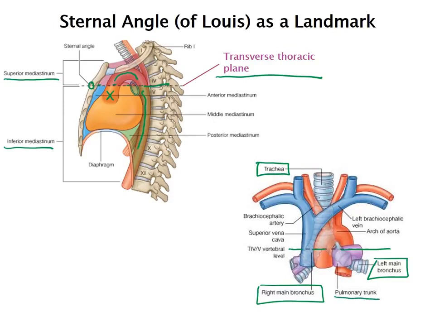In the case of the pulmonary trunk, we say that the pulmonary trunk bifurcates into the left and the right pulmonary arteries, as seen here just below the transverse thoracic plane. This same plane is also an area where the azygous vein will drain into the superior vena cava.